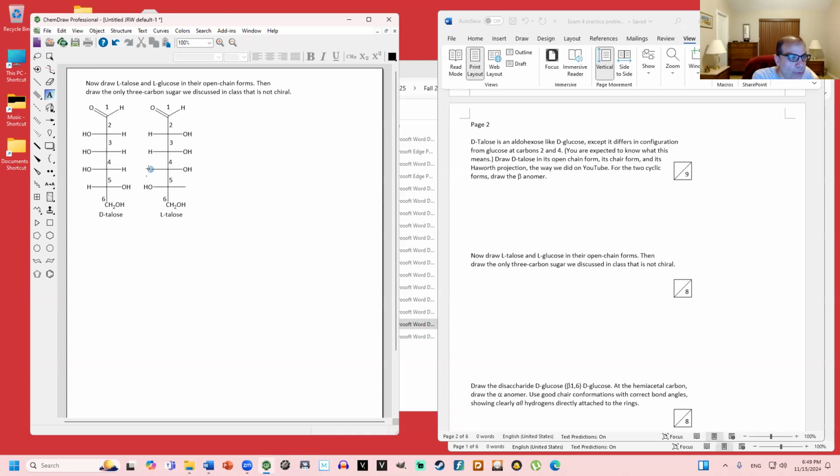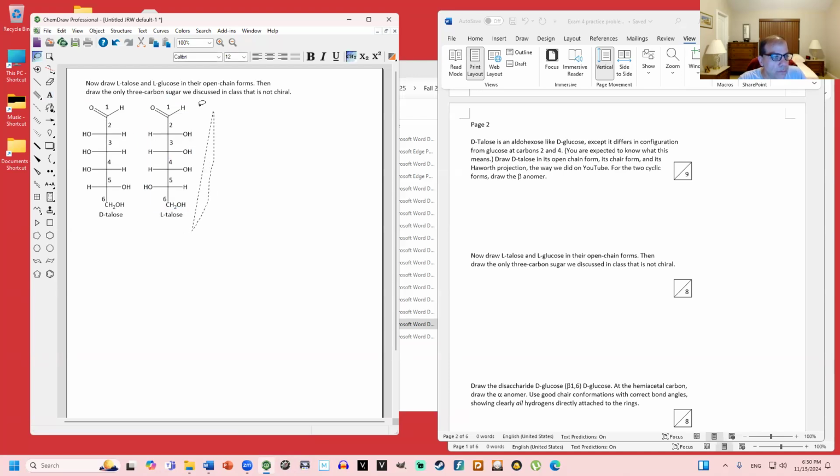So whenever you're going between the D and L forms for any given sugar, you need to change the configuration at all of the chiral carbons. That's by definition of the word enantiomer. To get the enantiomer of something, we change the configuration at all of the chiral carbons. If we change only one of them or only some of them, you don't get the enantiomer. You get a diastereomer. So L-Talos is the enantiomer of D-Talos.